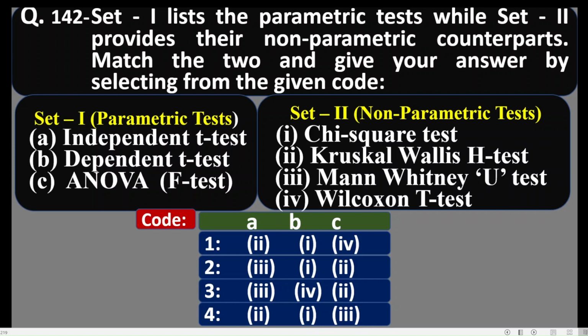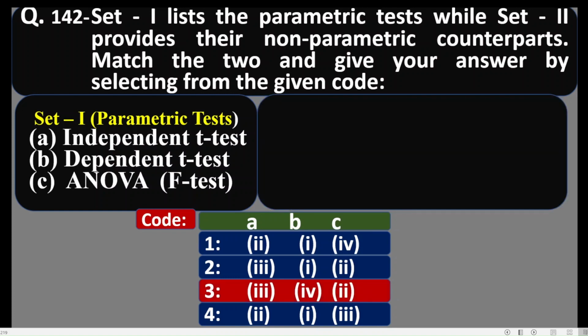And the third parametric test in set 1 is ANOVA, that is also known as F-test. If it cannot be used, the best non-parametric option for ANOVA is the Kruskal-Wallis H test, that is written in number 2 in set 2. So option number 3 will be correct for this question.